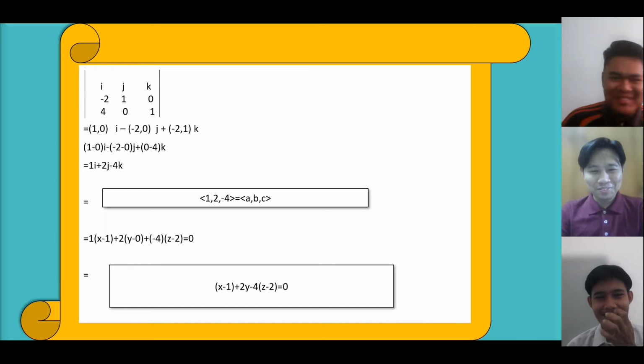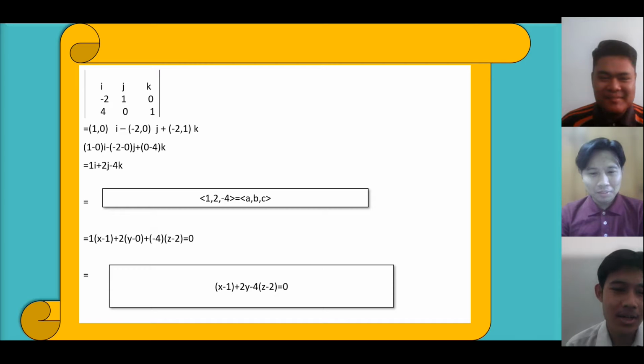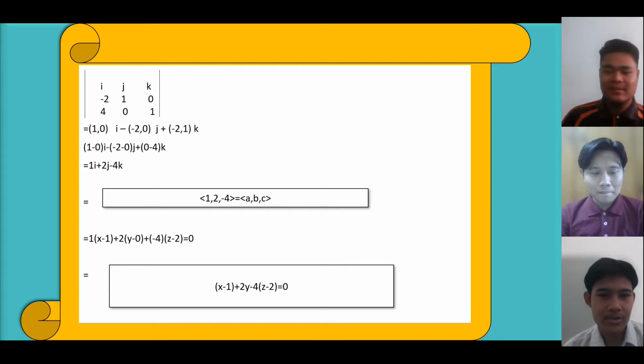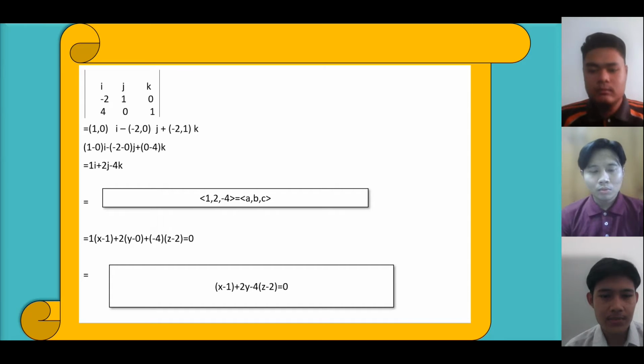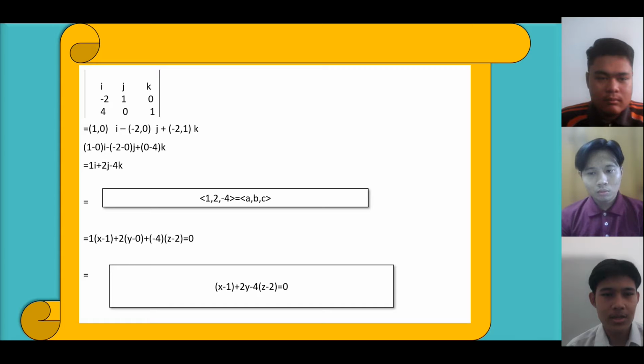It is the same like a matrix equation. So for I, we need to close this line.